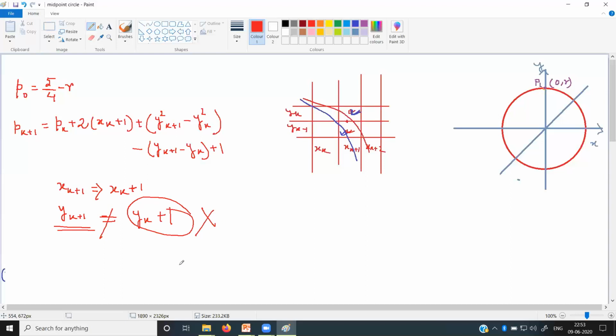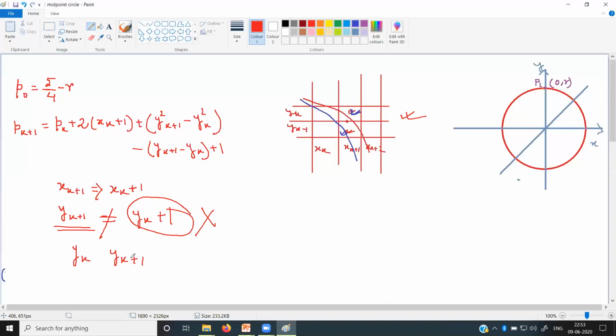For the circle generation algorithm, y of k plus 1 doesn't indicate that the value is yk plus 1. It indicates the y value for the k plus 1th iteration. As you can see from this figure, the y value for the k plus 1th iteration can be either yk or yk minus 1.